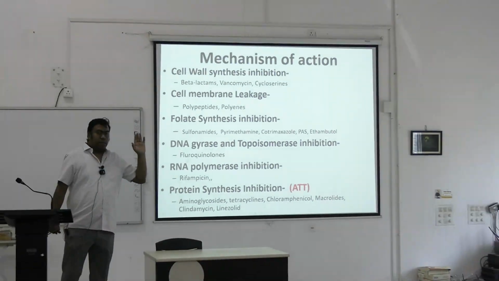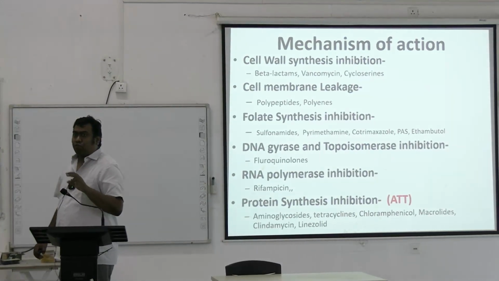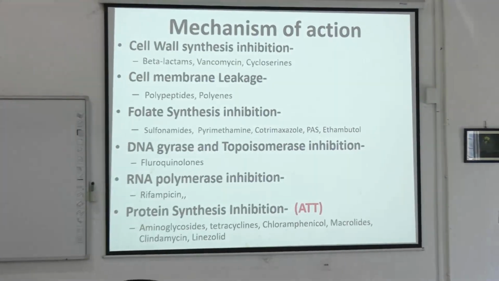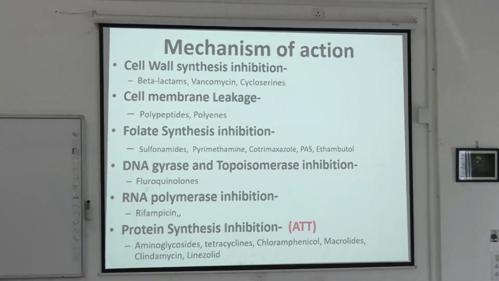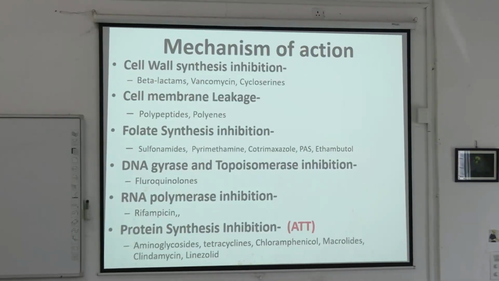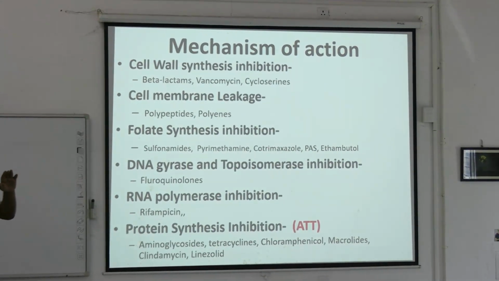So the most important classification to remember different antibiotics is through the mechanism of action. First, cell wall synthesis inhibitors: beta-lactams, vancomycin and cycloserine. Now you tell me, what are the beta-lactams?